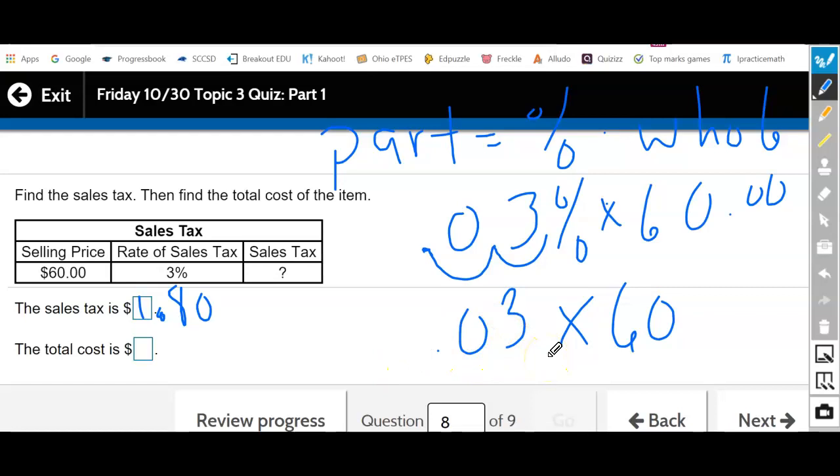You cannot multiply percents. You've got to change them to decimals or fractions, but we like decimals. Now, total cost will be $61.80 because we add the tax to the total cost. All right.